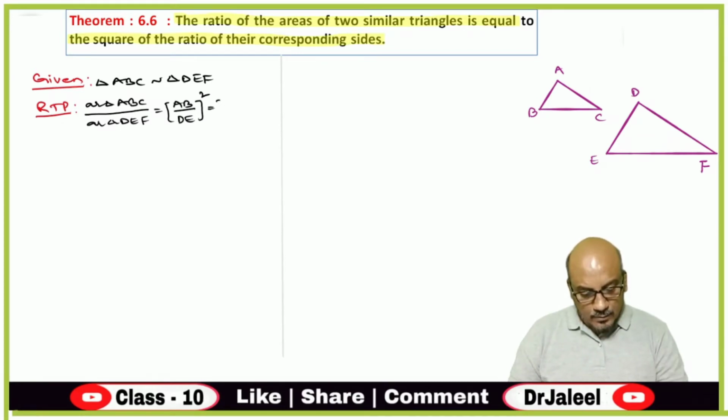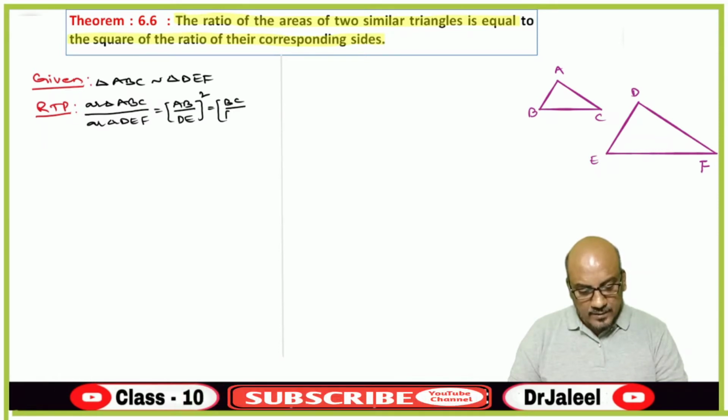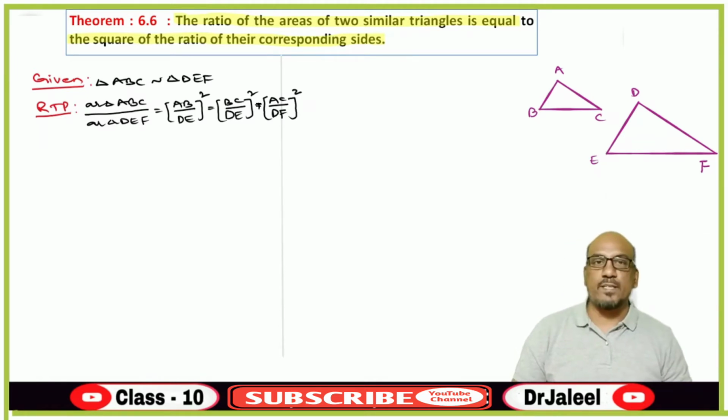That's equal to, what is the ratio of the next two sides? That is BC by EF whole square. What is the third side? That is AC by DF whole square. So I hope you have understood here that the ratio of the areas is equal to the square of the ratio of their corresponding sides.